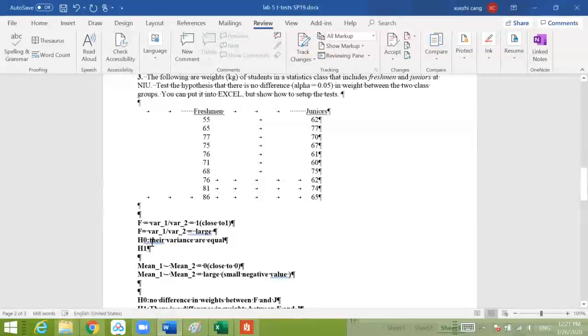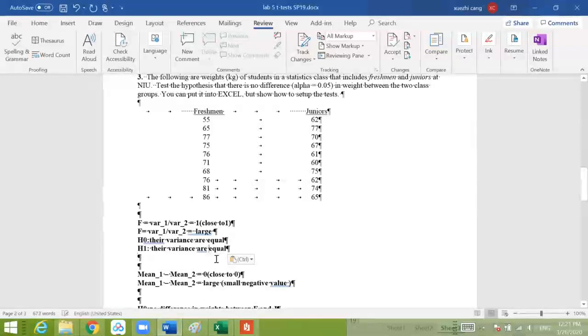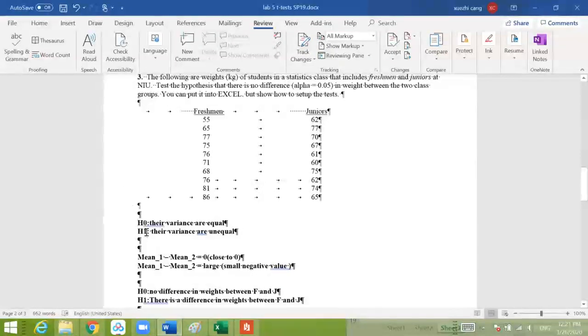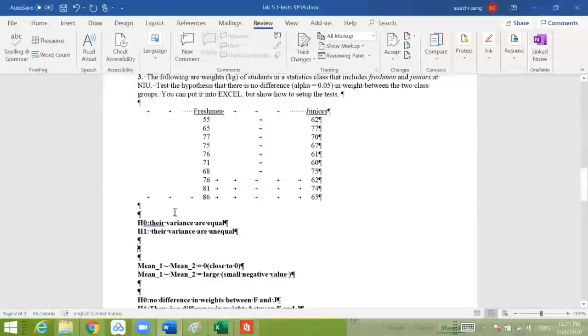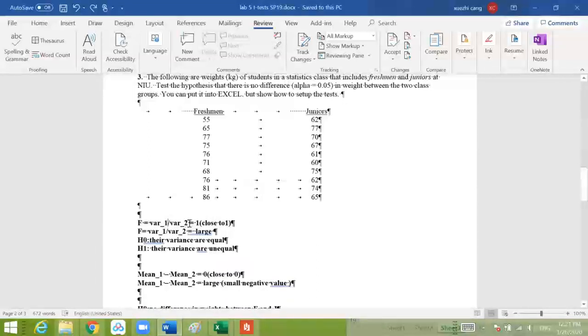And the alternative hypothesis is their variances are unequal. Let's delete our draft and post our equation under the hypothesis.